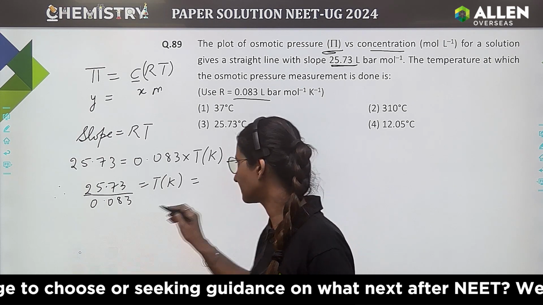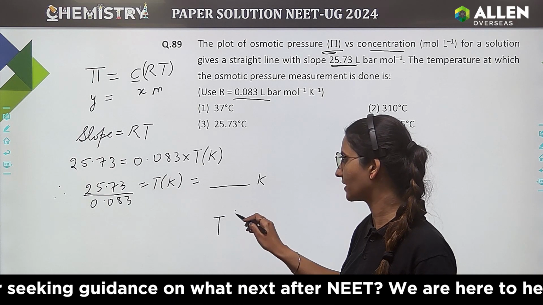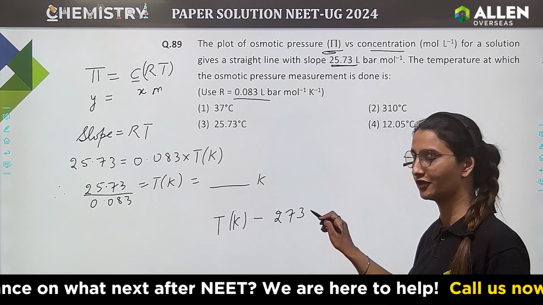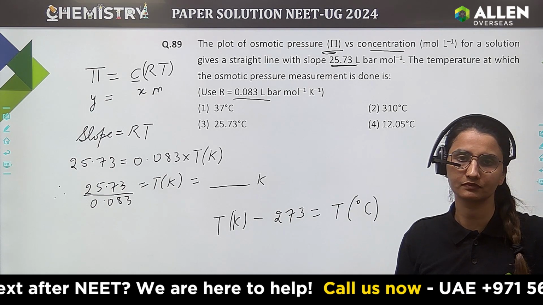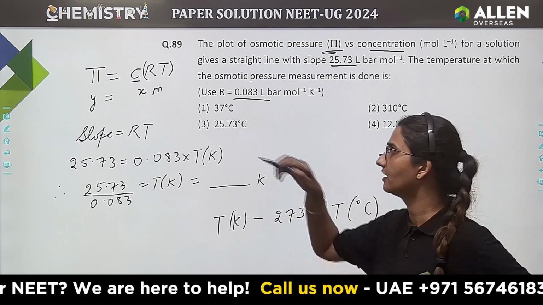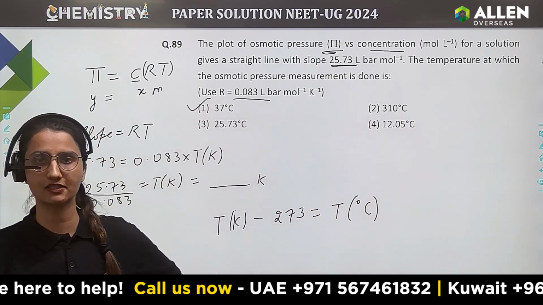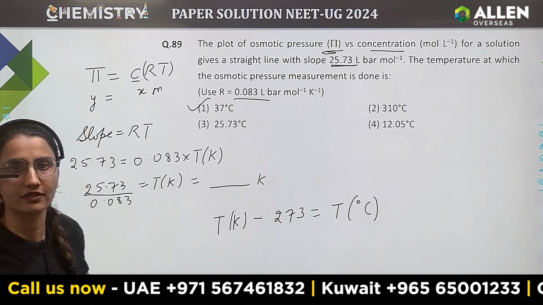And we know if we get temperature in Kelvin, you subtract 273 from it, you will get temperature in degree Celsius. When you solve it, your answer will come out to be 37 degrees Celsius. Correct? Okay. Simple question, you can solve it.